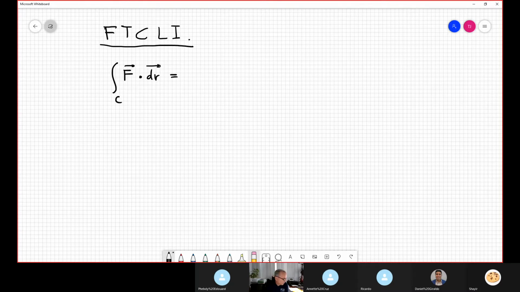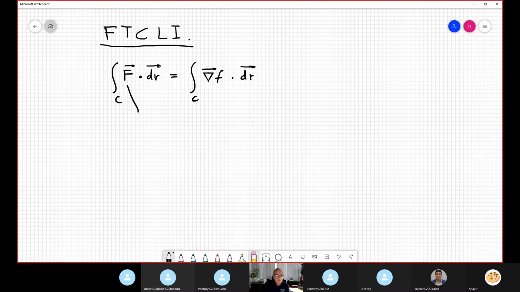Well, this is equivalent to saying that this vector function comes from the computation of the gradient of a potential function, because this vector field is conservative. And since it's conservative, we can compute the line integral using the potential function.